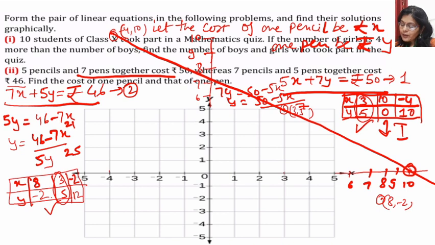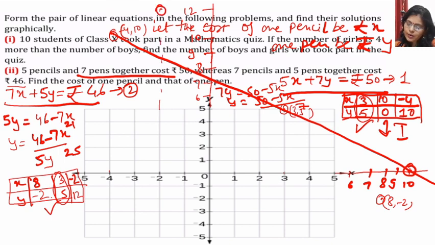Then the next is minus 2 and 12. Minus 2 and 12 will go a little bit further, 11 and 12. Minus 2 and 12 will be somewhere here.